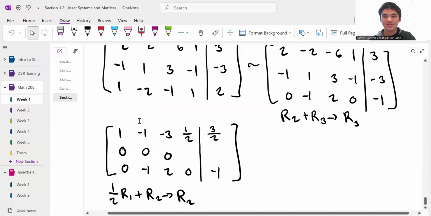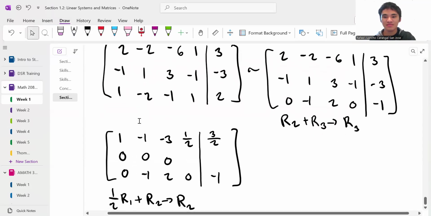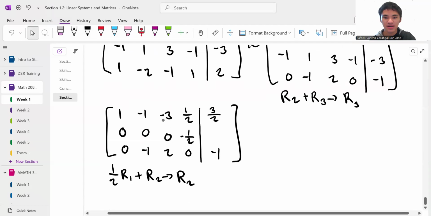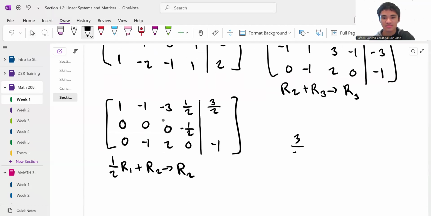Or 1 minus 1? Or no, a half minus 1. So it's -1/2. Then 3 halves minus 3 is -3 halves. Okay. Working on the fractions here.